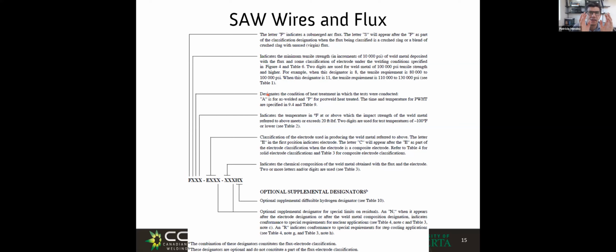So if I say FS7, it means I'm using a system of fluxes that includes crushed recycled slag. The 7 means I would expect the filler metal under particular conditions to give us 70 KSI. And the A means that the tests were done as welded, or if I put here an FS7P, it means post-weld heat treated.